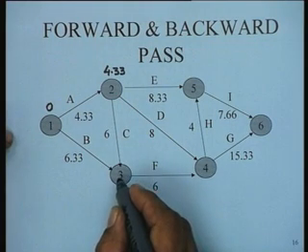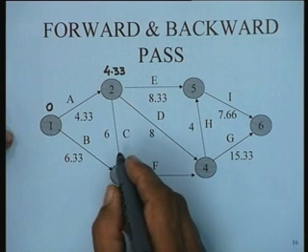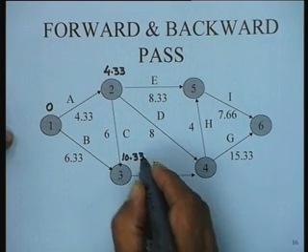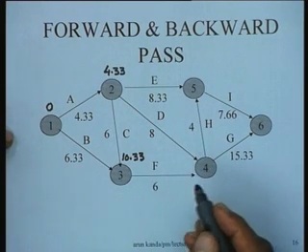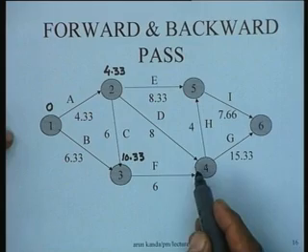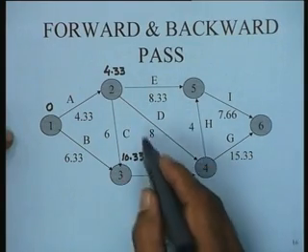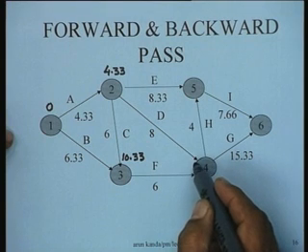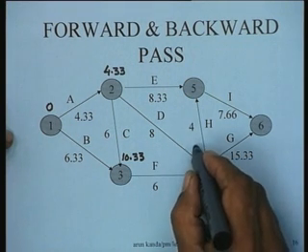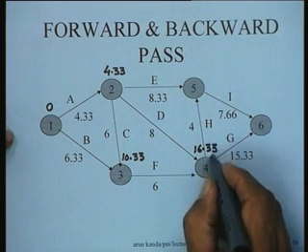When you come to node 3, it is going to be the maximum of 6.33 and 10.33, so this value is simply 10.33. Then node 4 has 2 incoming arcs. In the usual manner, when we are doing the forward pass, this value is going to be 12.33 if you come via activity D, and 16.33. So 16.33 being the larger of the two values will be the earliest occurrence time of node 4.